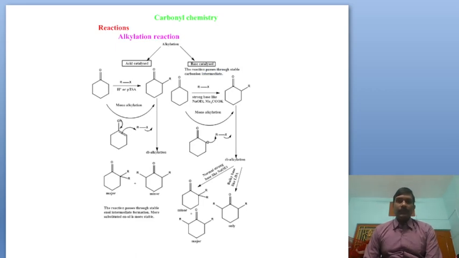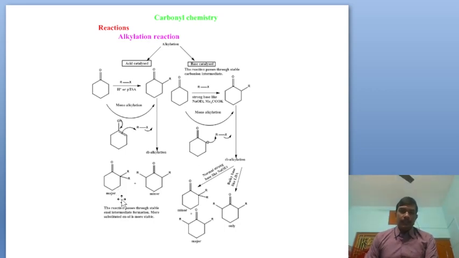Next, come to alkylation reaction. Alkylation reaction can occur here into the alpha carbon atom of this ketonic molecule. Alkylation can be acid catalyzed, or alkylation can be base catalyzed. So base catalyzed alkylation will give such type of product, and acid catalyzed alkylation will give such type of products here.